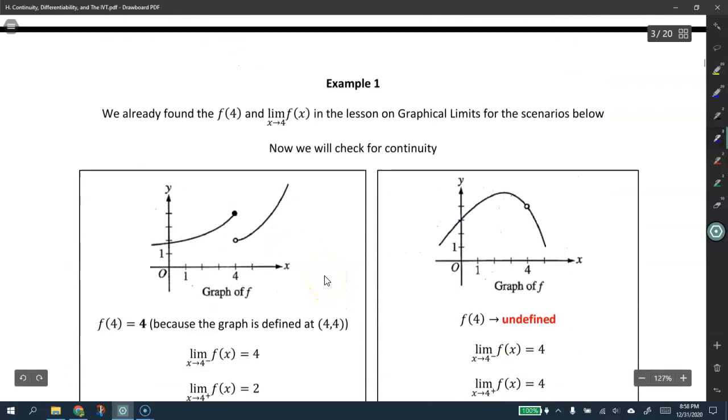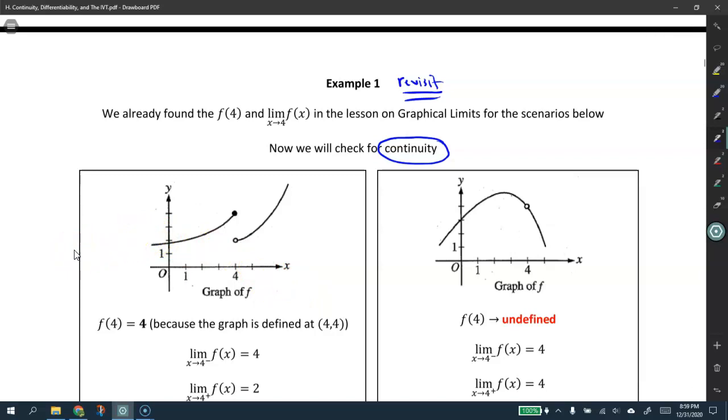Okay, now we're going to run through an example that we have done similarly for an example in lesson number 2, back when we were learning limits. But this time, because we're talking about continuity, we're sort of revisiting this same exact example. And part of the reason why we learn it so far apart is because that limit taking process takes some time to understand.